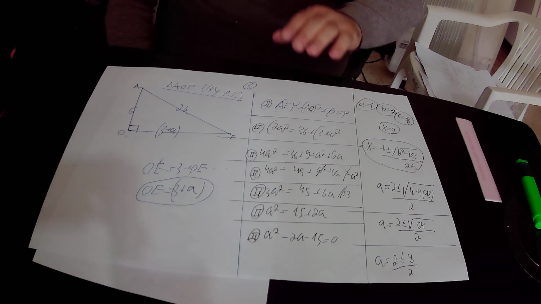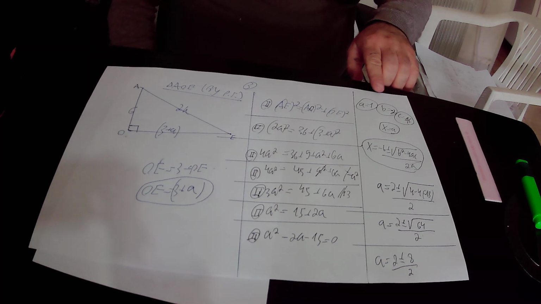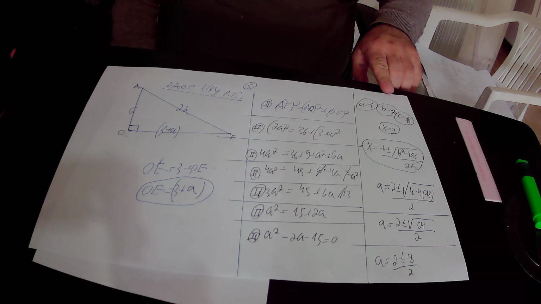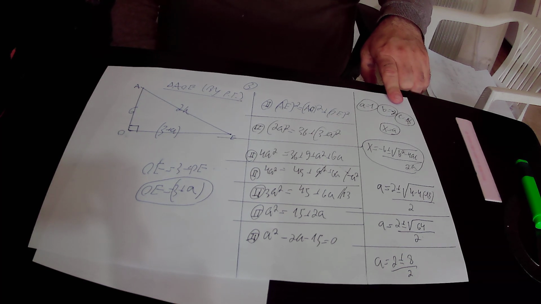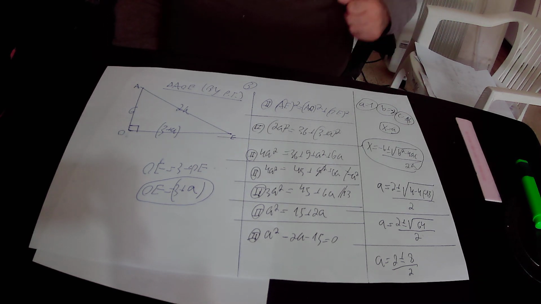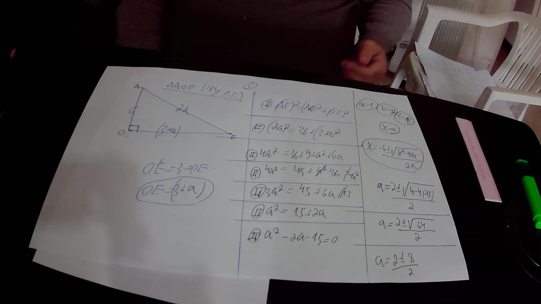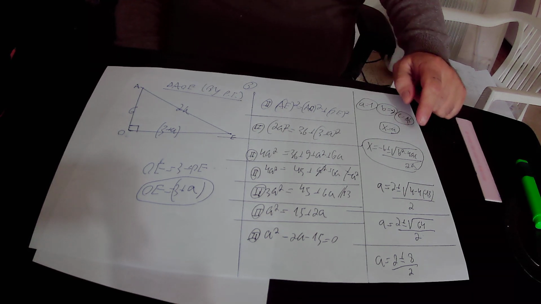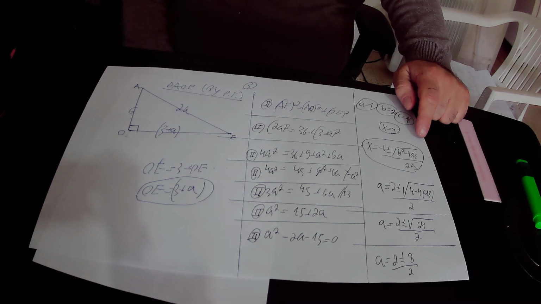In this quadratic equation, the coefficient a equals 1, the coefficient b equals minus 2, and the coefficient c equals minus 15. The variable that we are looking for in this quadratic equation is a, so x equals a, and the general formula for solving a quadratic equation is x equals minus b plus minus square root of b squared minus 4ac, over 2a.